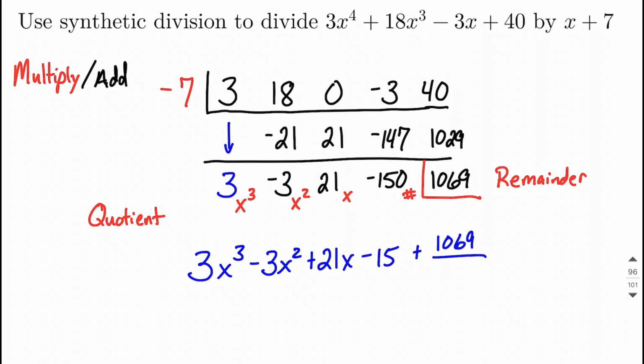Remember, we divided by x plus 7, so x plus 7 can go down here. So all of this at the bottom is the quotient, but sometimes we write our solution as the quotient plus the remainder over the divisor. I hope this helps out as you're getting used to using synthetic division to divide polynomial functions.